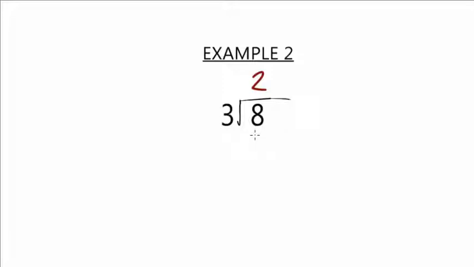Following the same steps, I will say 2 times 3 gives me 6. 8 minus 6 will then give me 2. Now, does 3 go into 2? It does not, so that 2 gets left over as our remainder, and our answer is written 2 remainder 2. The little r that we wrote down there stands for a remainder. Our problem's over. Let's take a look at another one where we might get a remainder.